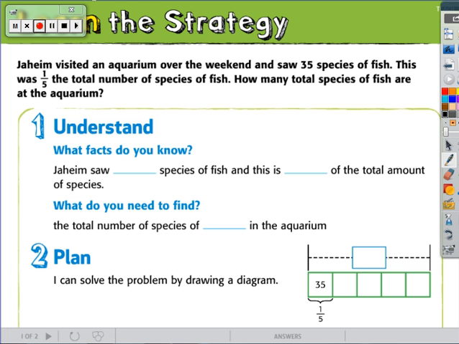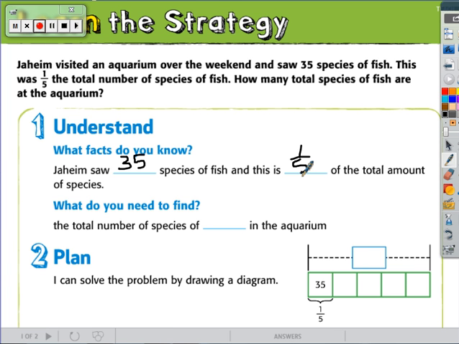Okay? So, our first part is what facts do we know? We know that Jaheem saw 35 species of fish. And we know that this is how much of the total amount? 1/5. Okay? 1/5 of the total amount of species.